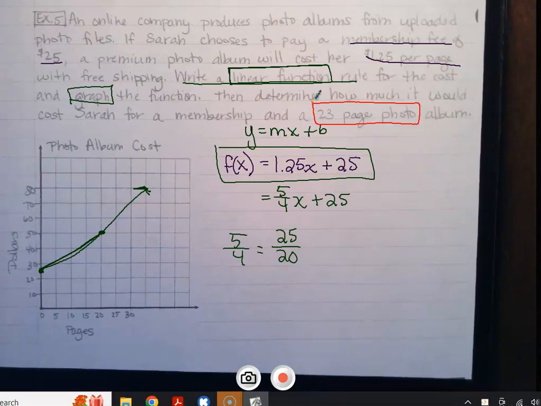How much would it cost for a 23-page photo album? 25 plus 1.25 times 20. Yes, because remember we said the $1.25 per page was our x. So our function of a 23-page photo album is equal to 1.25 times 23 plus 25.